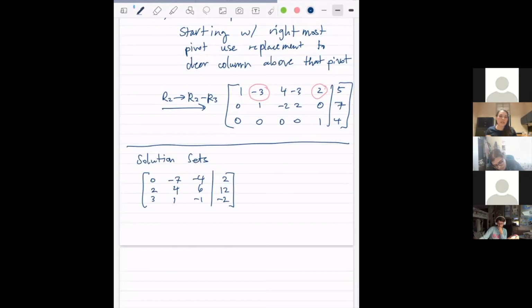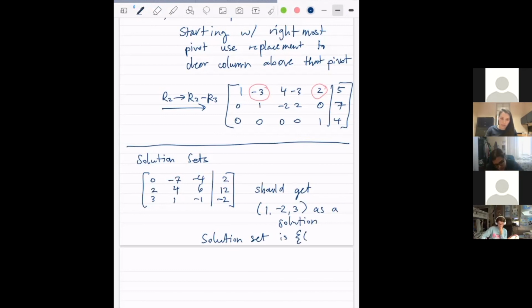So you can reduce this down and you should get a unique solution of (1, -2, 3). So the solution set is going to be just, so we use these like curly braces to denote a set, and then we just have one element inside the set, and it is that unique solution.